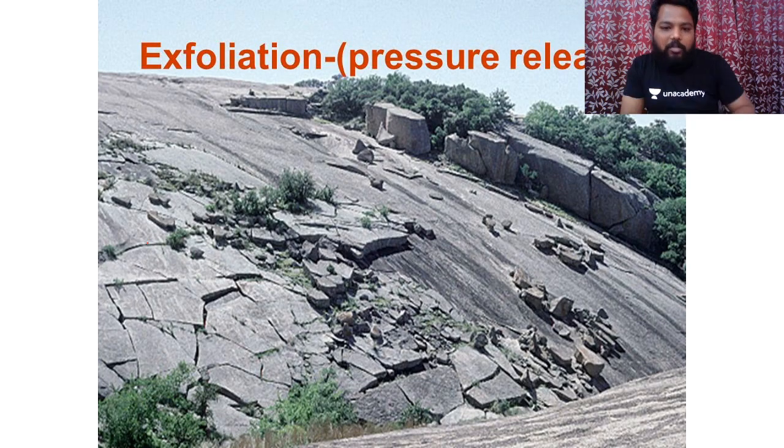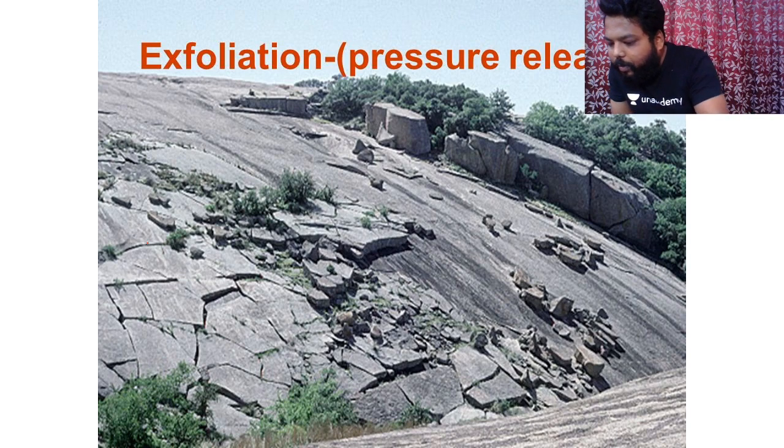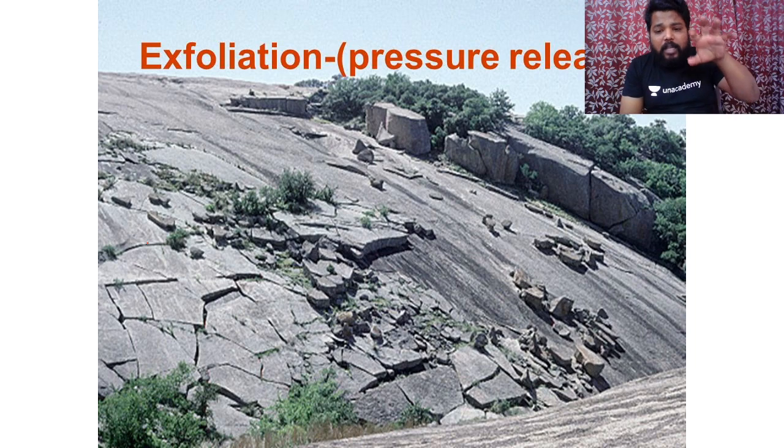You can see some of the visualizations. See here, because of the extreme pressure created by the external rocks, and when we had unloading of those particular rocks, we had disintegration of the topmost layer of the rock.